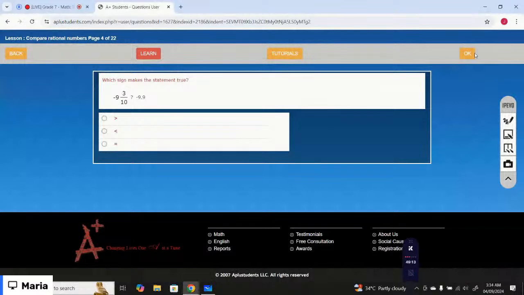Which sign makes the statement true? Negative 9 whole 3 by 10 and negative 9.9. So which is the correct option? The correct option is negative 9 whole 3 by 10 is less than negative 9.9.